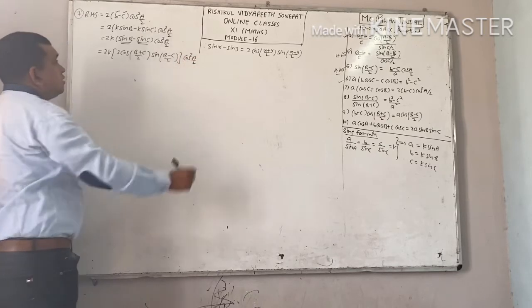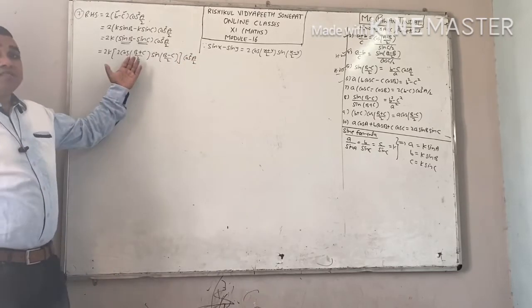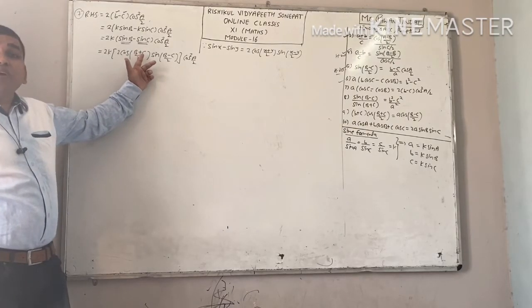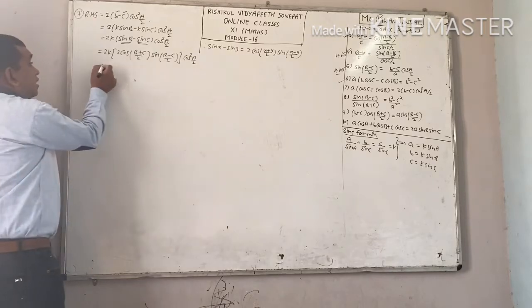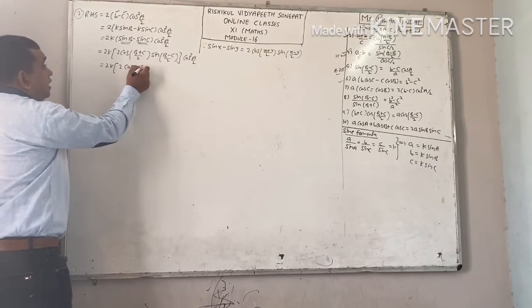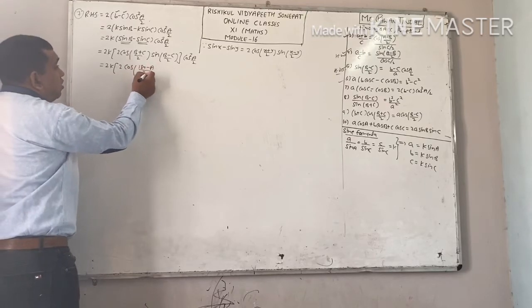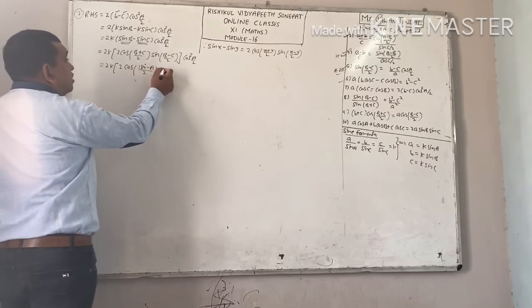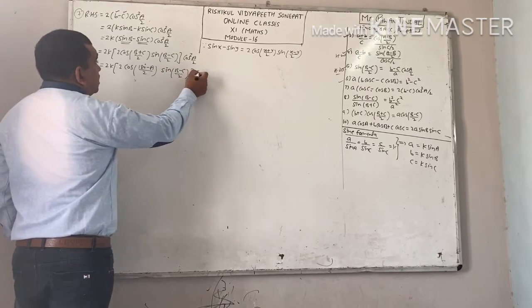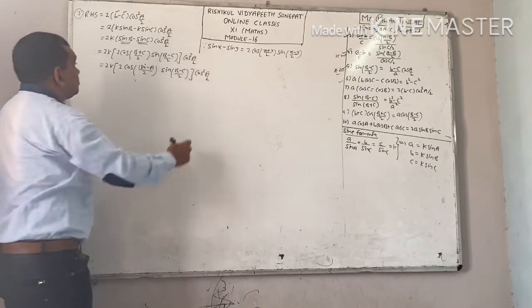Now again we have the same concept here: sum of two angles is equal to 180 minus the third angle. Therefore in place of B plus C you write 180 minus A, whole divided by 2, sin (B minus C) by 2, this cos square A by 2.